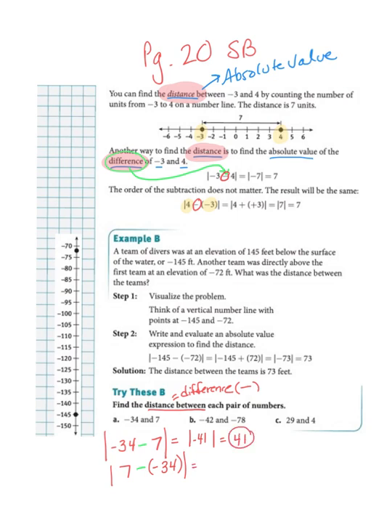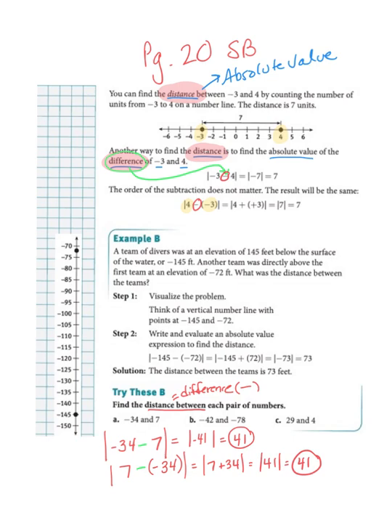But then when I try my reversed problem with my 7 first, what does this turn into inside the absolute value sign? Well, that's 7 minus negative 34. That's really 7 plus 34 inside of there, which is 41, the absolute value of 41, which is the same as 41.